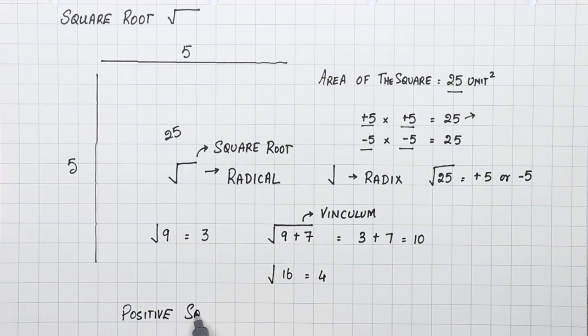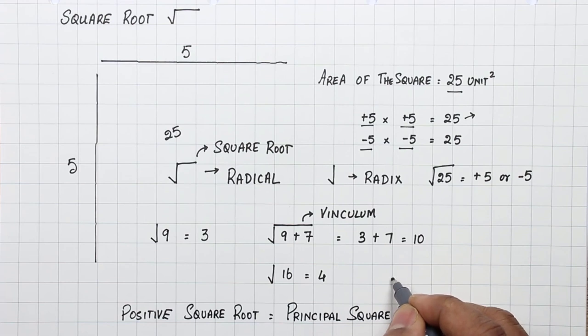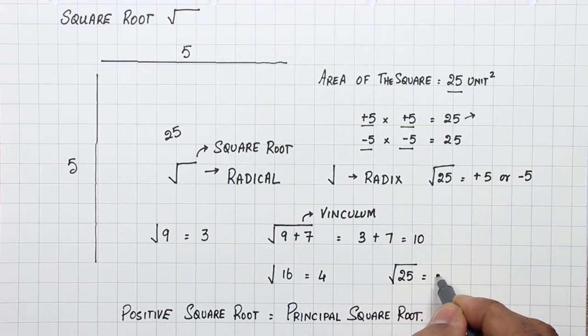The principal square root is simply represented as root 25, which you can write as just 5.